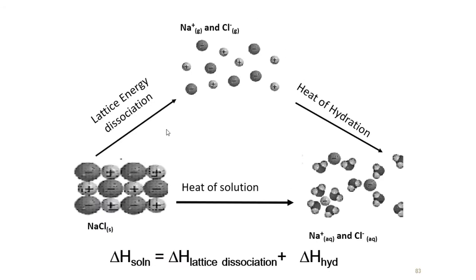So based on this diagram, this is the sodium chloride solid. It dissociates and forms sodium and chloride gaseous ions. If dissolved, that is the heat of solution, forming the aqueous ions. And then the gaseous ions dissolved in water form the aqueous ions. So now we check the relationship.